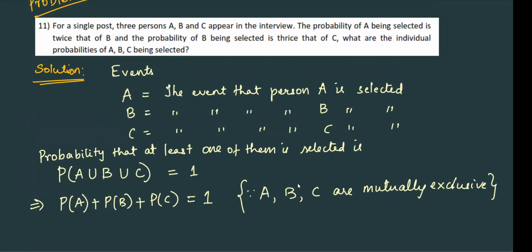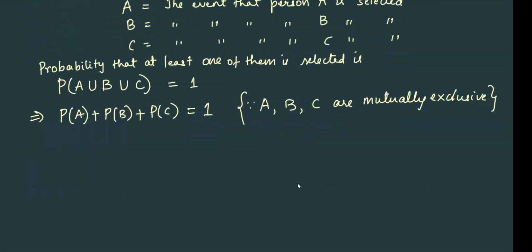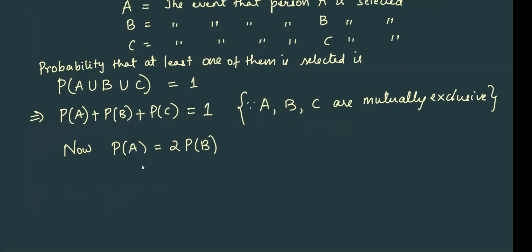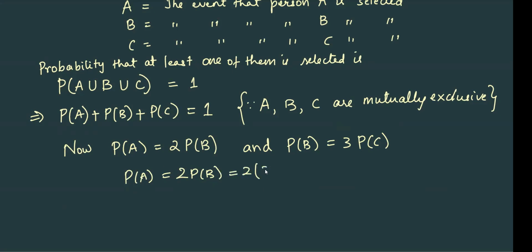Now, probability of A being selected is twice that of B. So P of A is 2 times P of B. And probability of B being selected is thrice that of C. And probability of B is 3 times P of C. So therefore, P of A will be 2 times P of B is equal to 2 into 3 times P of C is equal to 6 times P of C.